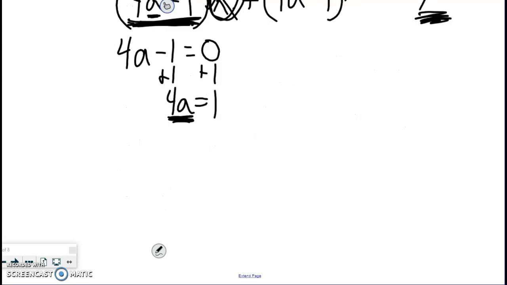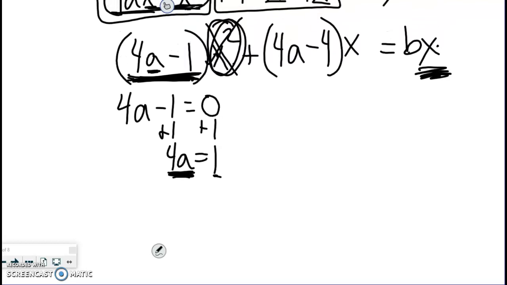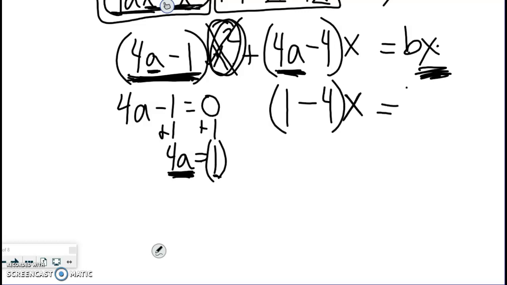We see that 4a is equal to 1. Well, if 4a is equal to 1, then what can I do? I can substitute in a 1 for 4a. So this 4a must also equal 1. So now I have 1, instead of 4a, I have 1 minus 4 times x is equal to bx.